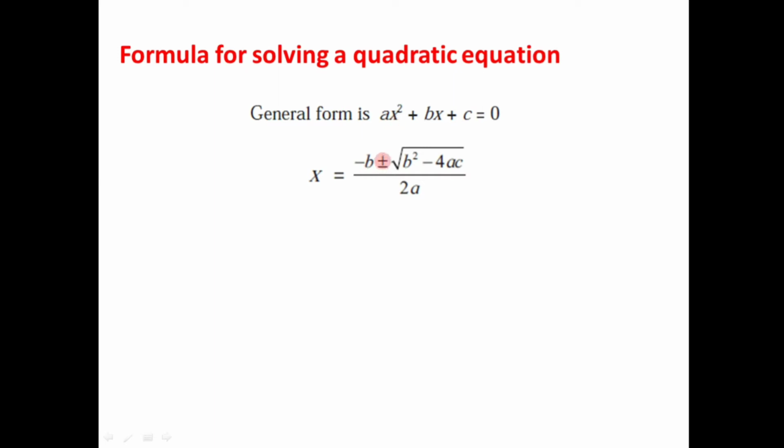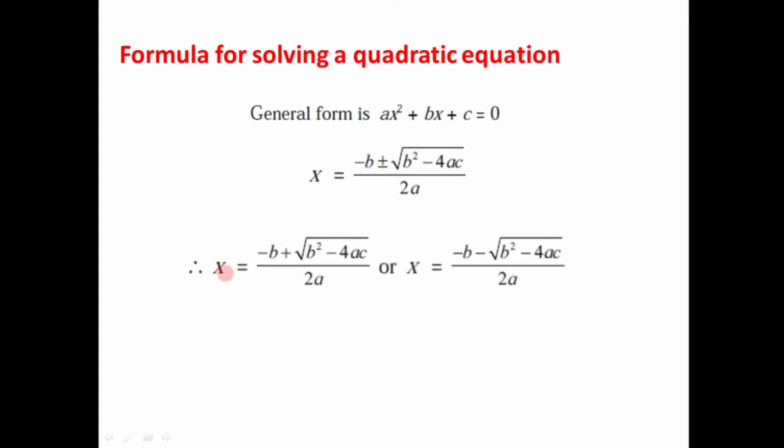So if we split these two signs, we get two solutions of this quadratic equation, that is either x is equal to minus b plus under root b square minus 4ac divided by 2a, or minus b minus under root b square minus 4ac divided by 2a. So these are the formulae by which we have the solutions of given quadratic equation.